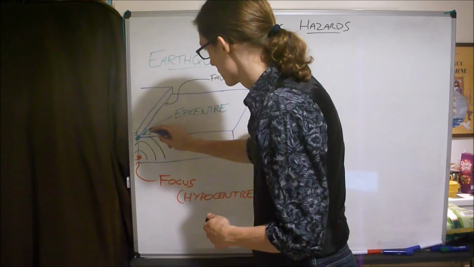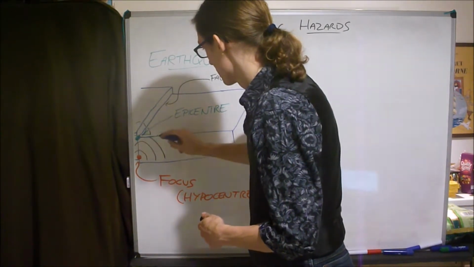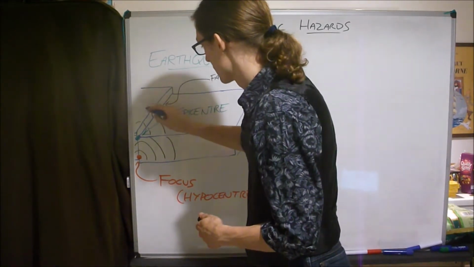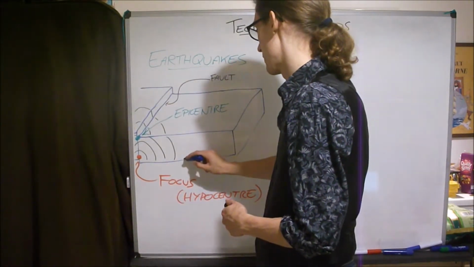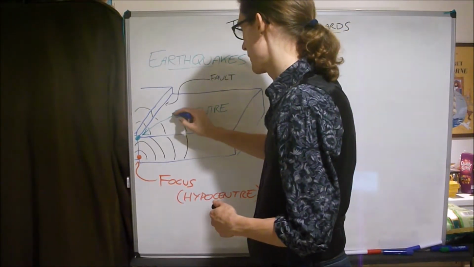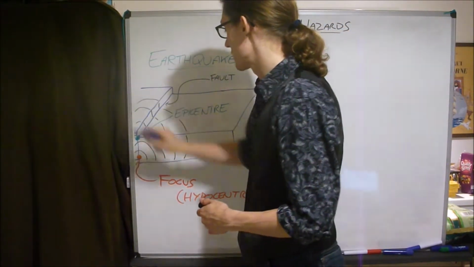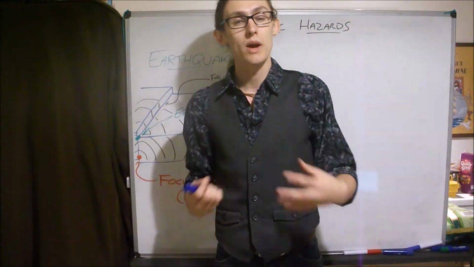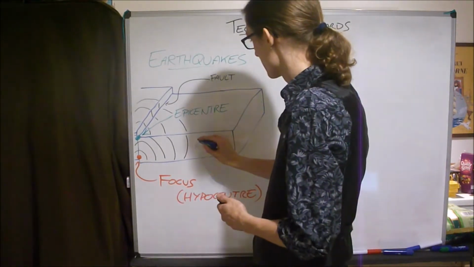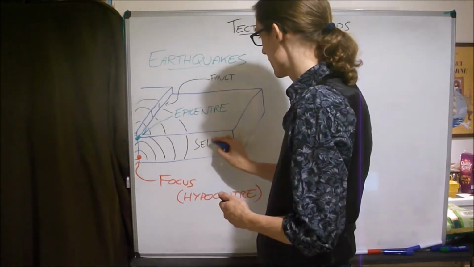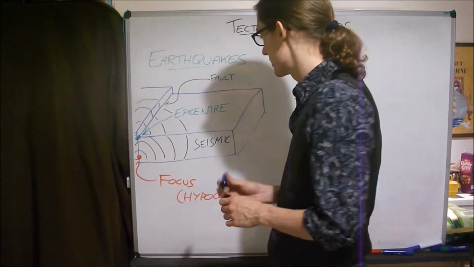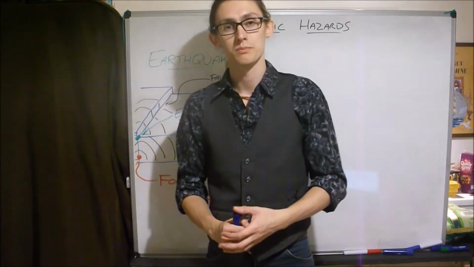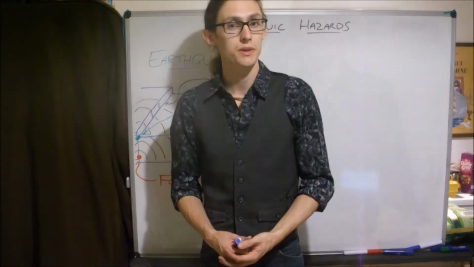You can see a pattern of waves moving out from the focus, and they're making their way through both pieces of rock. So you get these waves, they're called seismic waves, S-E-I-S-M-I-C. These seismic waves rippling outwards, and that's what you get when you feel an earthquake.